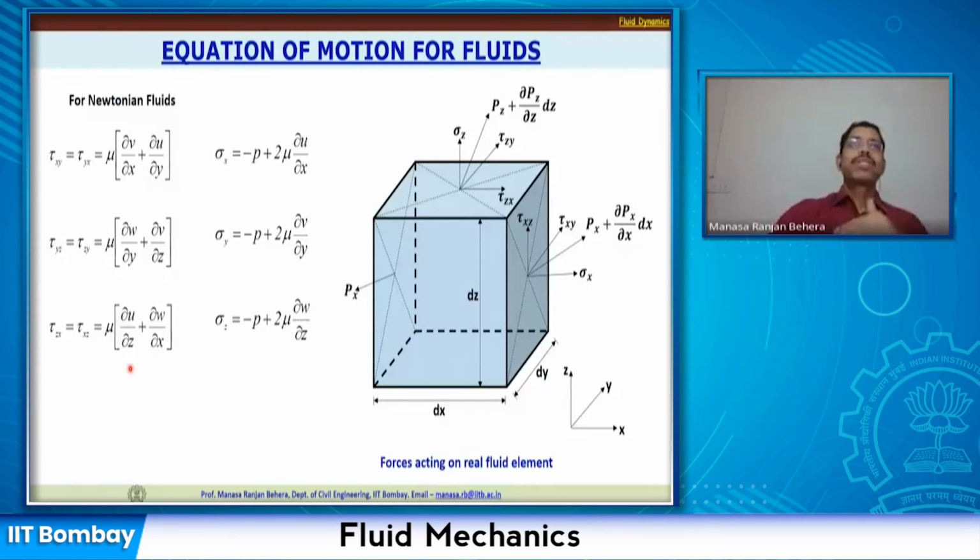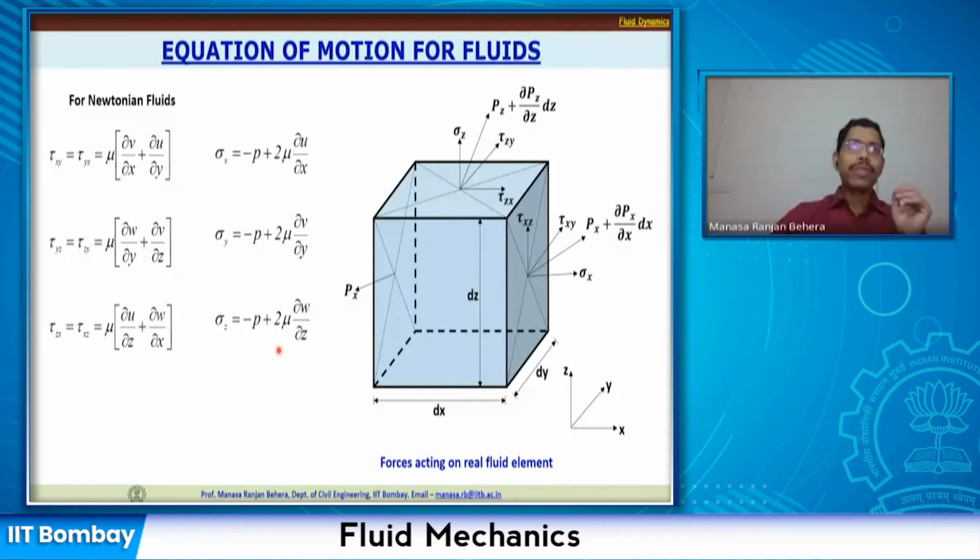Based on some derivations which I am not going to really explain here, we can find out sigma x is equal to minus p plus 2 mu ∂u/∂x. Okay. Similarly, sigma y is equal to minus p plus 2 mu ∂v/∂y. Sigma z is equal to minus p plus 2 mu ∂w/∂z. Because we assume that it's an elemental fluid, p is going to be equal on all sides. So it is p.